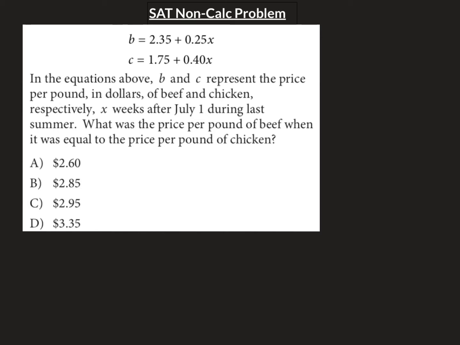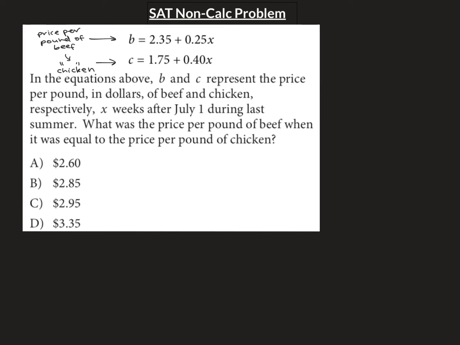So what we do know for now is that B is equal to the price per pound of beef, and C is just the same thing, but it's chicken, right? So this is the price per pound of beef and the price per pound of chicken.